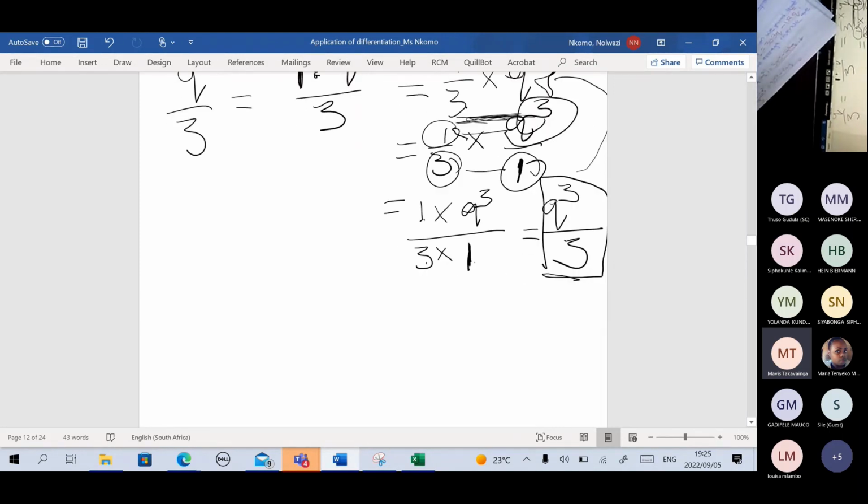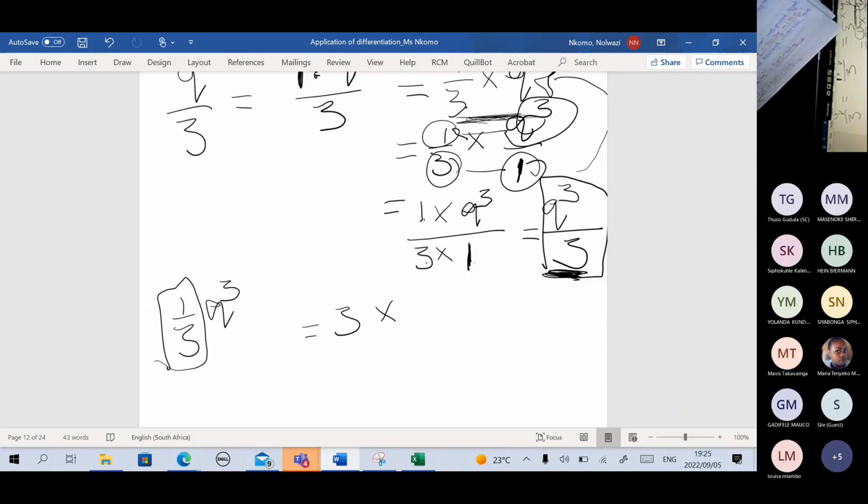You have 1 over 3 q cubed, right? Which we agree is the same thing as this one. After differentiating, you drop this 3, and you'll have 3 times this 1 over 3 q to the power 3 minus 1, right?